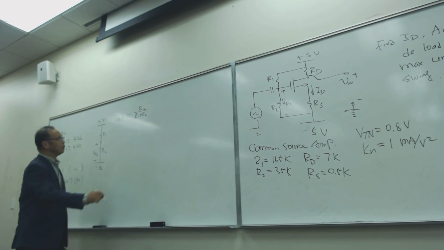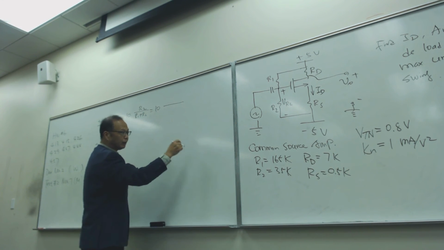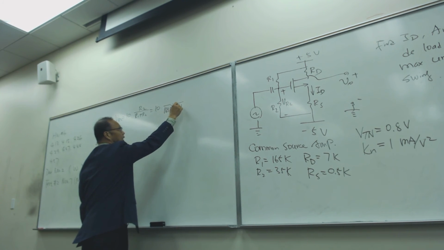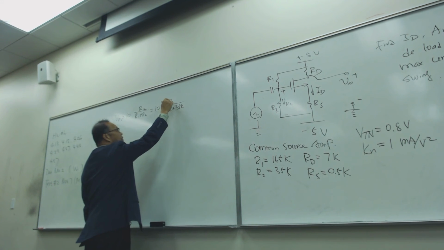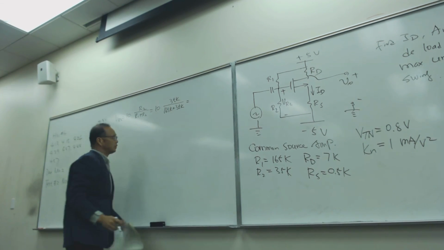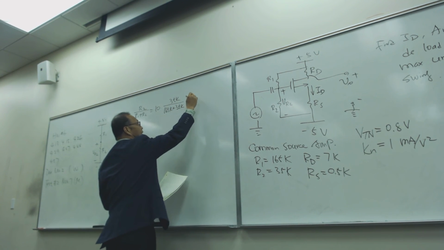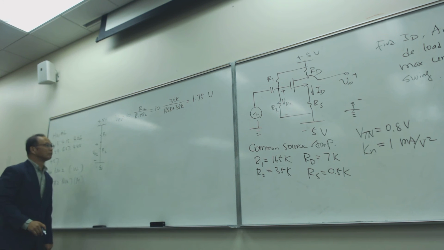So, simple. Okay, so 10, R1, that's 165K, R2 is 35K, and then R2 should be on top, right? 35K. So this is 1.75K. I'm sorry, 7.75 volt.